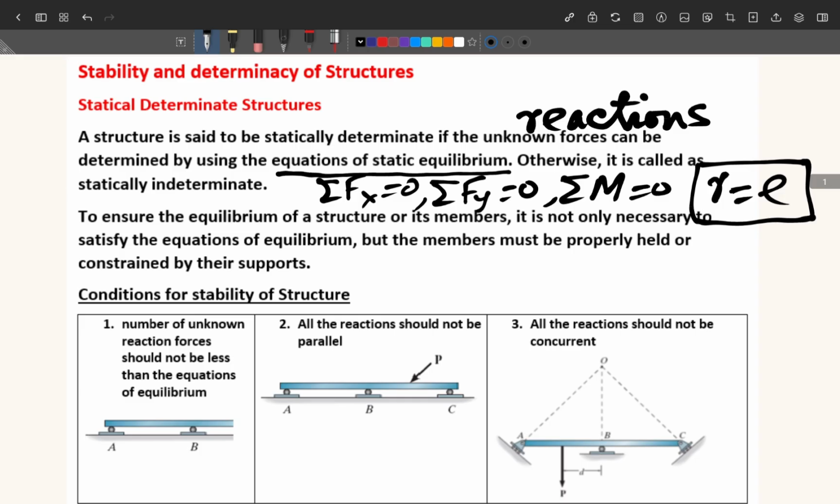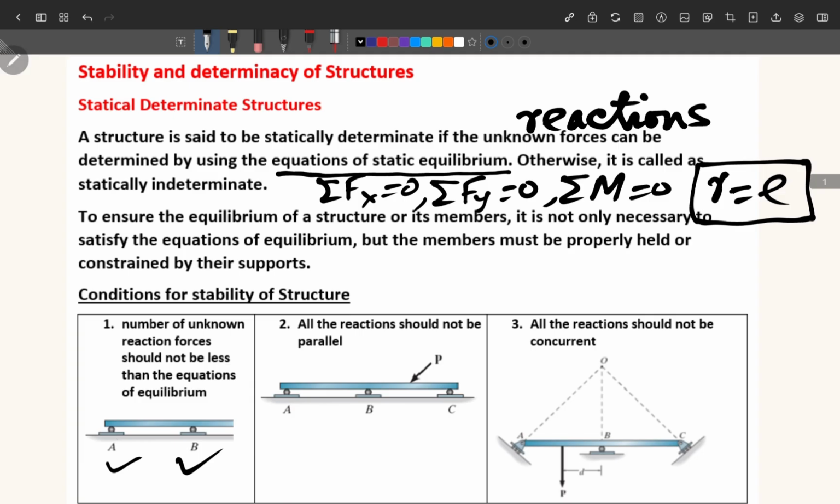So here we will see what the conditions for stability of the structure are. We must have a stable structure, and only then will it be useful to us. The first condition for stable structures: the number of unknown reactions should not be less than the number of equations of equilibrium. If you see this structure, we have only 2 roller supports, and the structure is resting on these 2 roller supports.